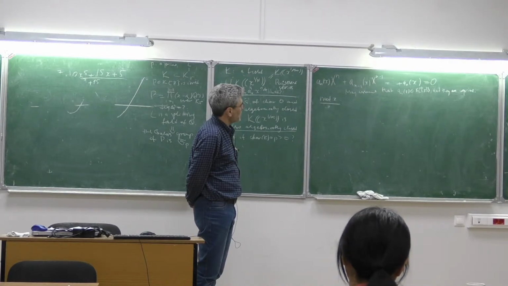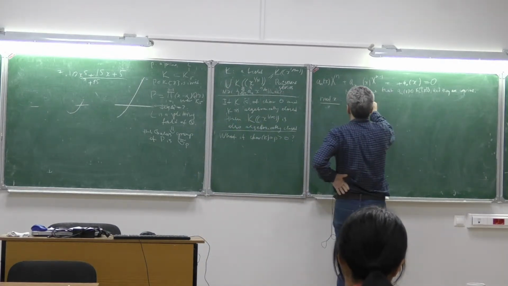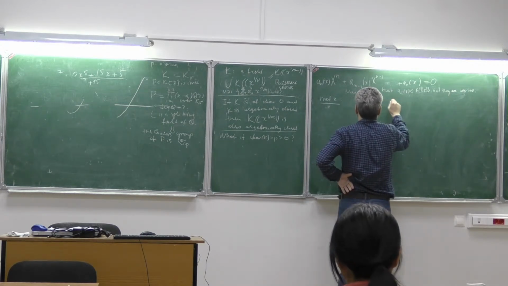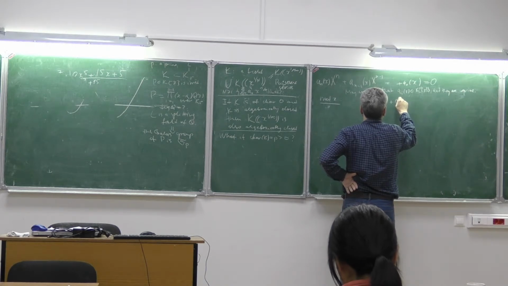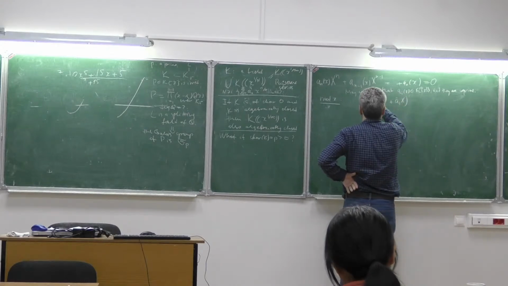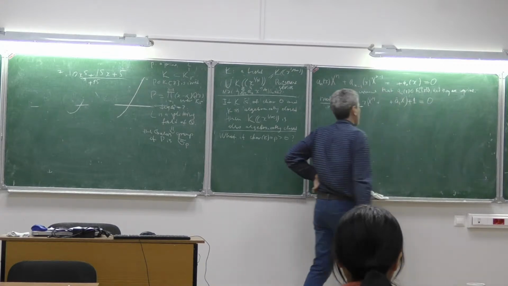It may happen that modulo x, for instance, you have x plus a1, and 1x plus 1 is 0.